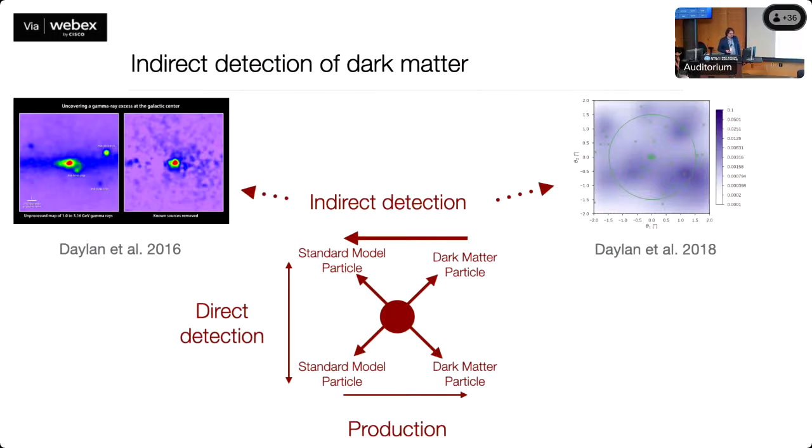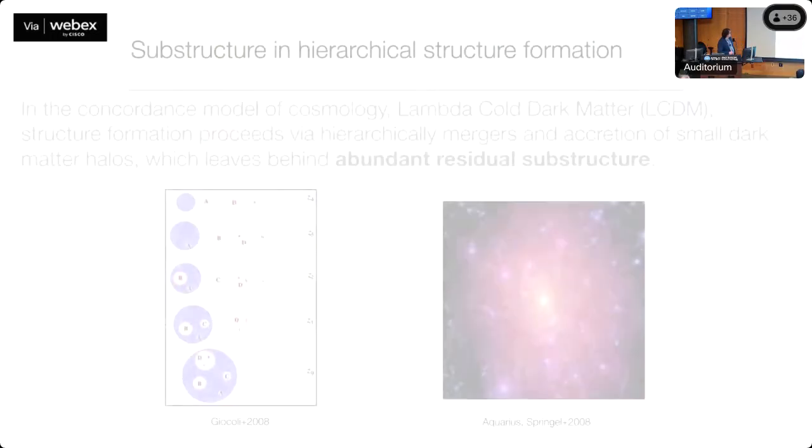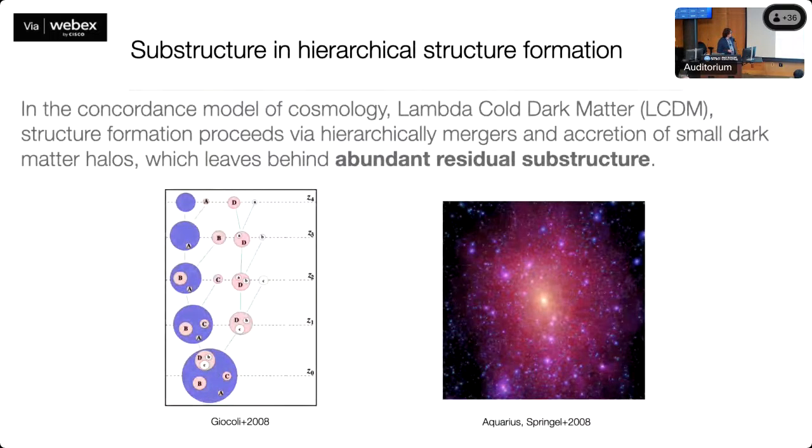Two that are closest to my heart are over there. On the left, you see a gamma ray signature that could come from annihilation. On the right, you see what we refer to as gravitational imaging based on strong lenses, which I will now describe. This is part of indirect detection of dark matter.